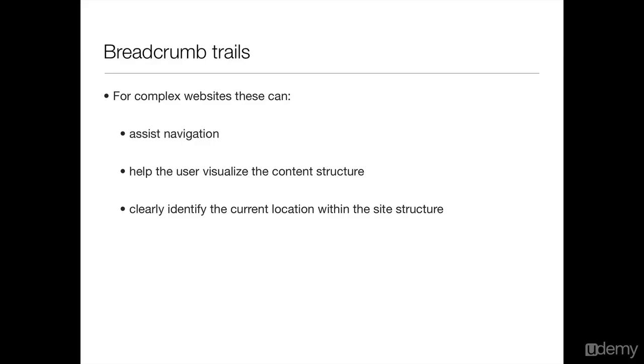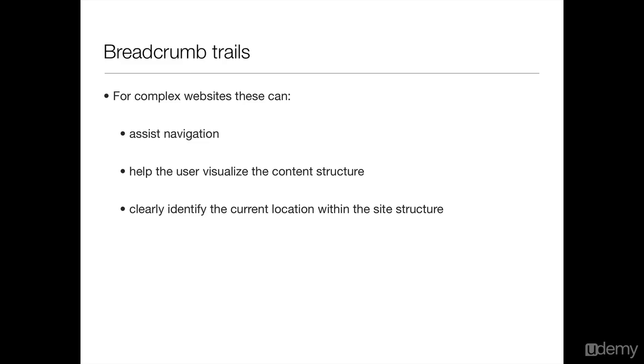The next thing to do, that previous website didn't have them, but for any complex website, then add in what are called breadcrumb trails, something that will identify where the user is in relation to the rest of the content in the page. So this assists navigation, helps someone identify the current location within the site structure.